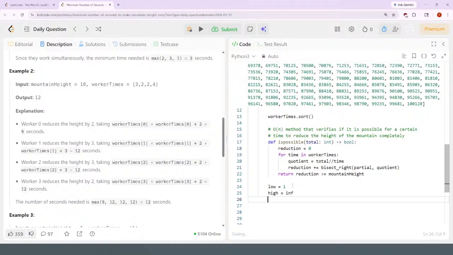I should come up with better ones here. While low is less than high. Low should always be impossible, and high should always be possible. So I think low might even be 0, just to guarantee that's not possible.